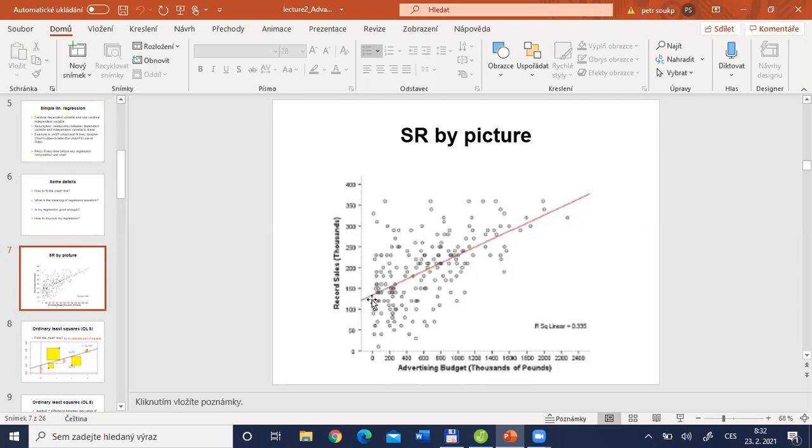You can see still that there is some positive relationship. So it means the more you invest in the recordings, the bigger the sales. So this line, which is the red one here, is increasing, but you can see that the spread of these points, real combinations of advertising budget and recording sales, is quite diverse in comparison with my picture.